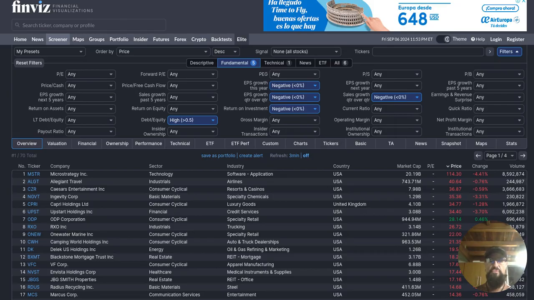So you'll have to do your study, you'll have to do your research, and your due diligence. Now, here you can filter all the stocks traded daily.